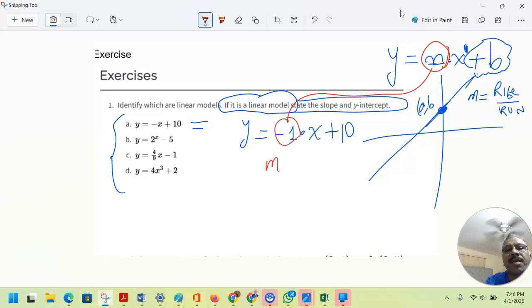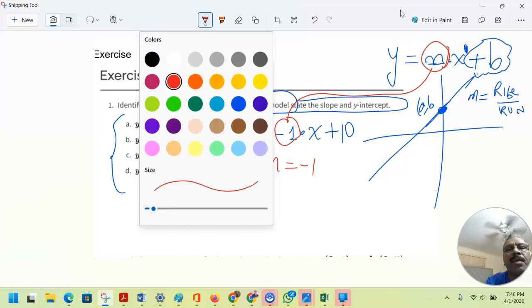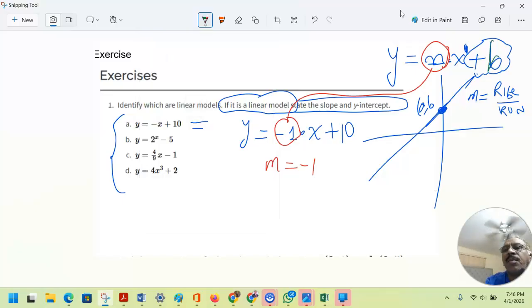So the slope m is minus 1, and the y-intercept b is plus 10. Now why is this a linear model? Because there's an x there, and x has an exponent of 1.